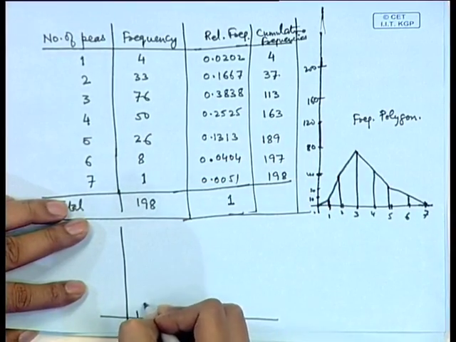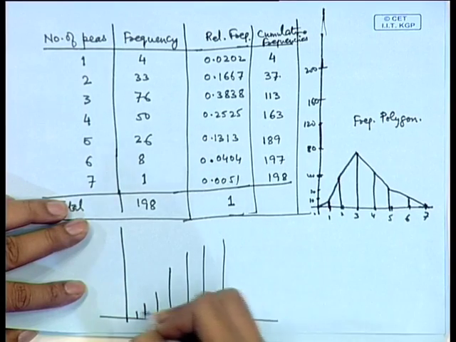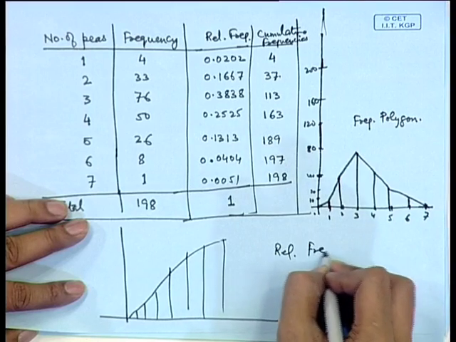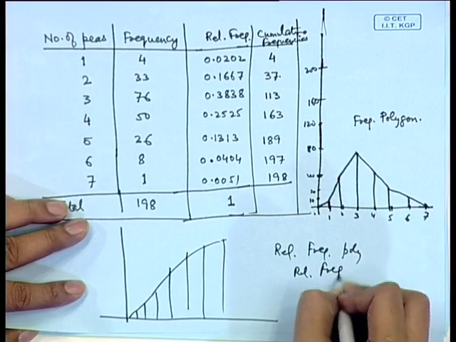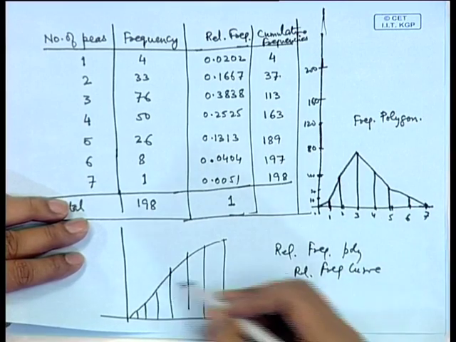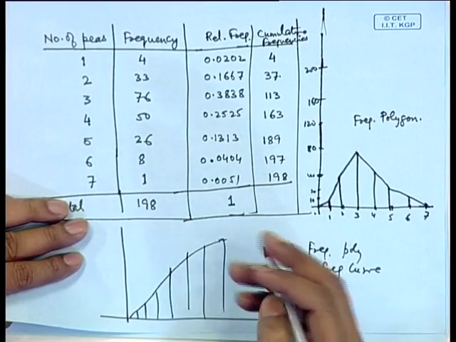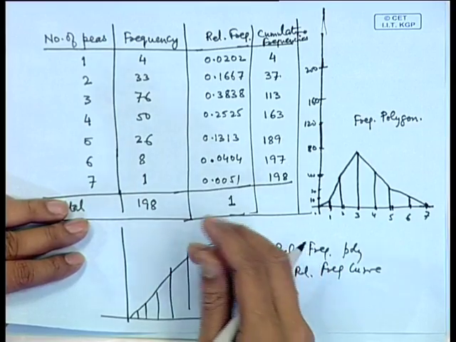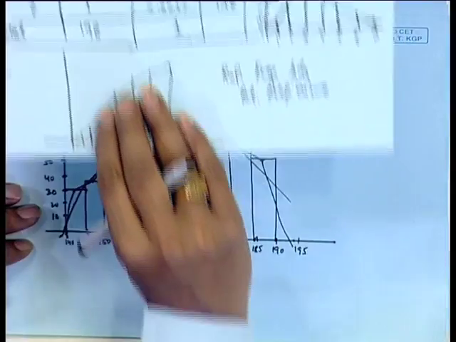So, naturally this will be increasing based on the values here, and if we join that, this is known as relative frequency polygon or relative frequency curve, depending upon how we join them. So, the slope, or the steepness by which it is increasing, tells the relative importance of each value of the variable, because that will tell how much frequency is allotted to that one.